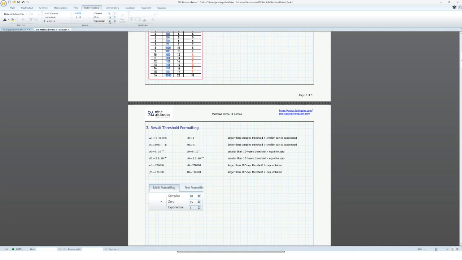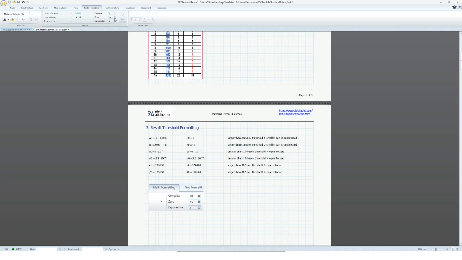The second one, I think this is quite obvious, is the setting for the zero threshold. This means if I have two values, two variables, I can define a setting. So in this case, every value which is smaller than 10 to the negative power of 15 will be 0.